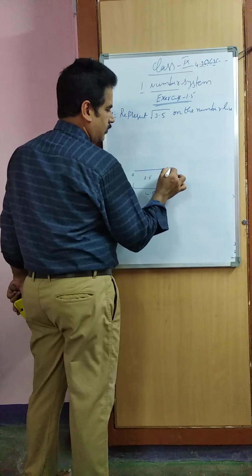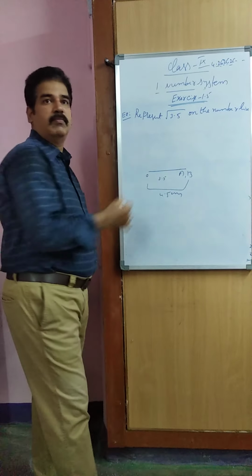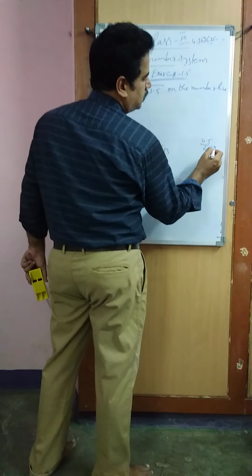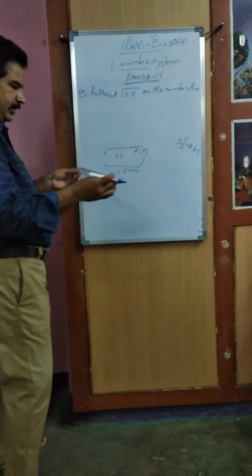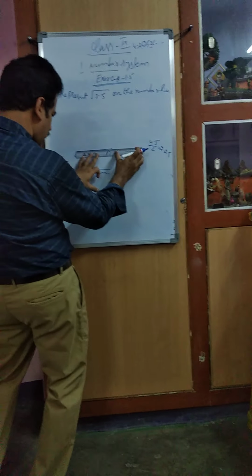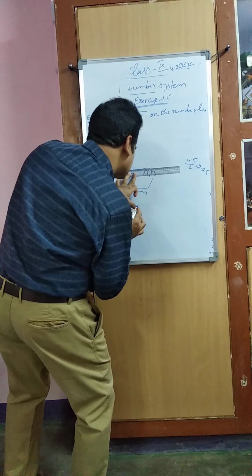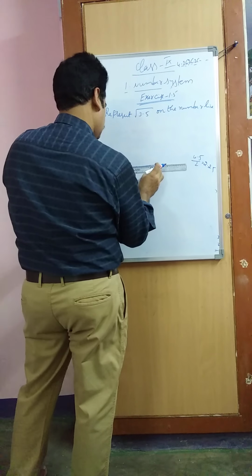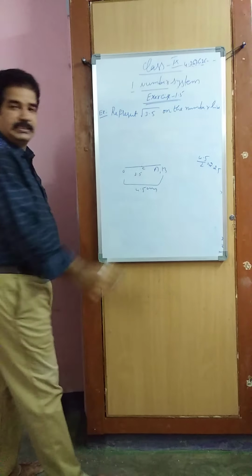And now you have to take the midpoint of OB. Midpoint of OB means 4.5 by 2, that means 2.25 centimeters. Exactly take the midpoint. That is C.